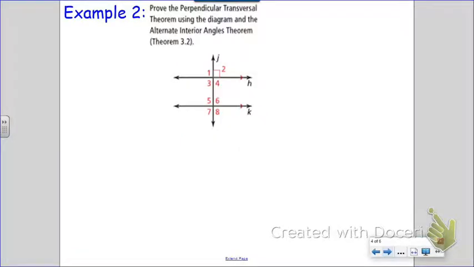For our second example, we're going to prove the perpendicular transversal theorem using the diagram and alternate interior angles. We're going to start with our pieces of given information.